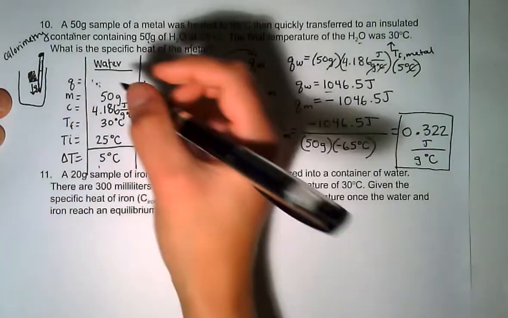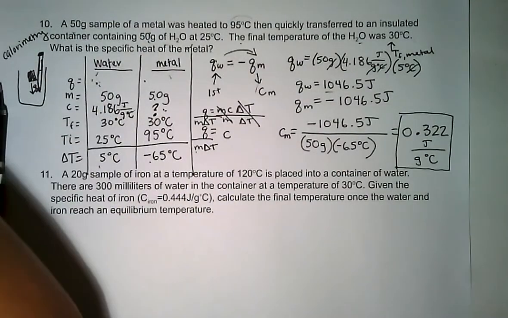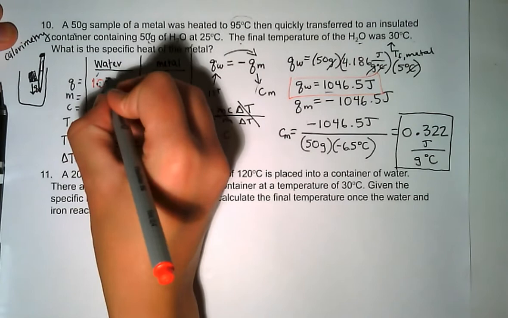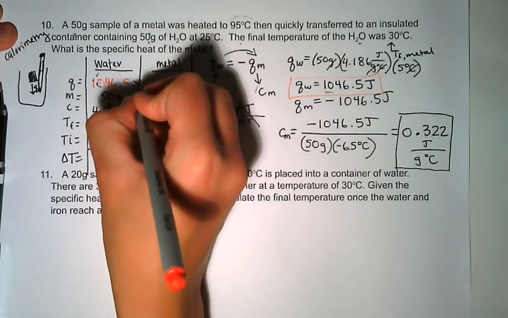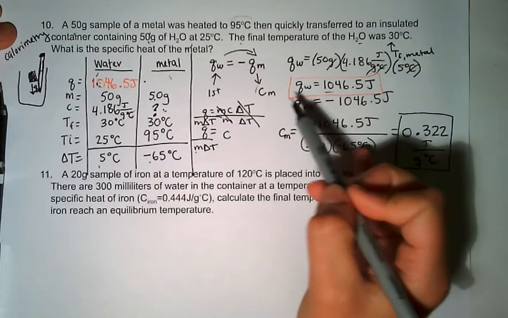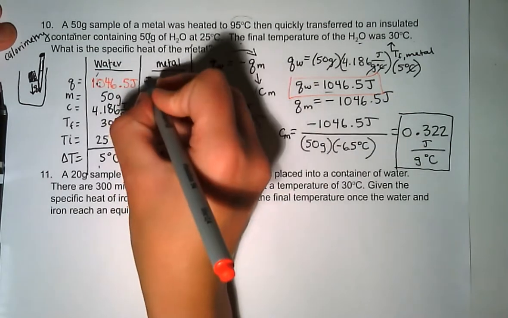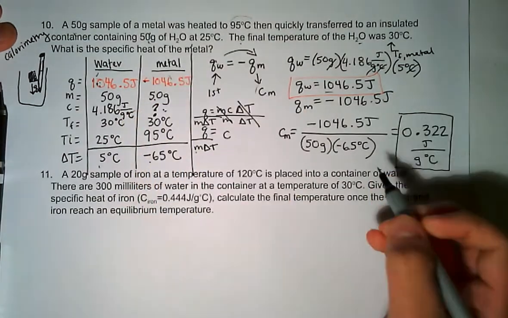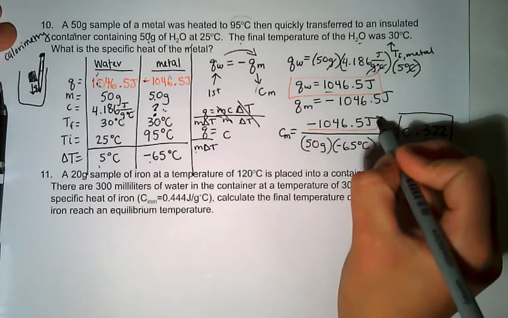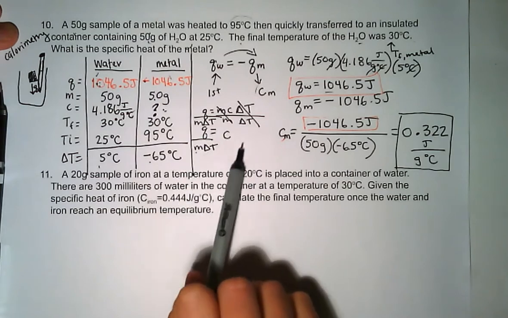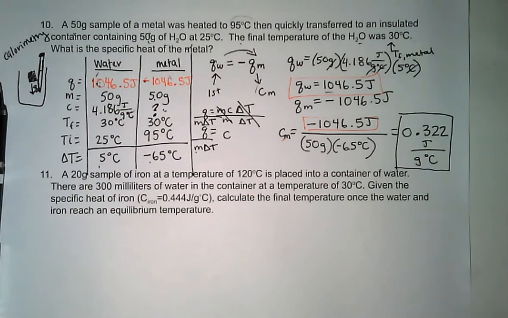It was 1046.5 joules. And we know that the energy that's given off by the metal is just the same amount of energy, just negative. So we put negative 1046.5 joules, and then we used this value to help us solve for our specific heat of our metal just by rearranging our equation here.